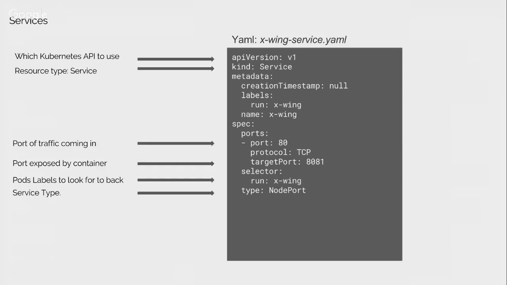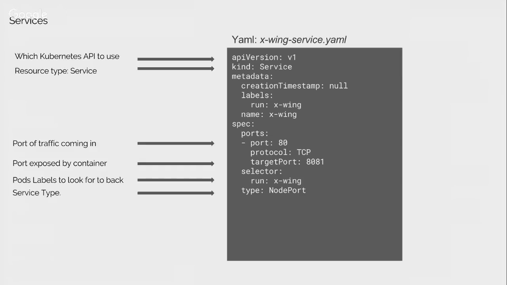So here's another YAML file. As we said, Kubernetes is a declarative system. We want to create a service, so let's create a YAML file. Again, we're telling Kubernetes the API to use. The resource type is a service, and then we're defining some ports, and then we're giving it the label, because Kubernetes uses labels to find things.